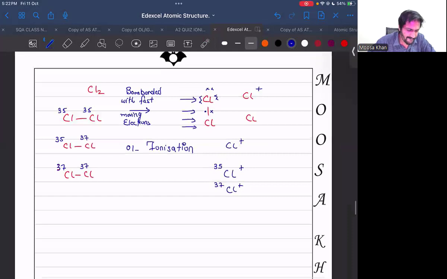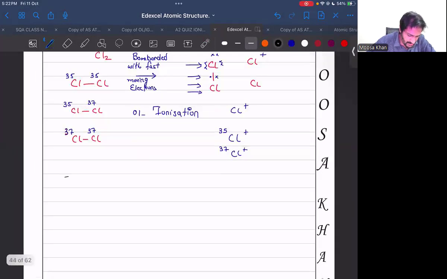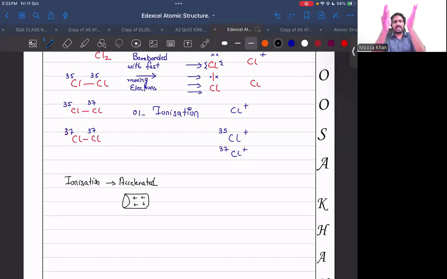Now what happens after ionization? These ions are accelerated so that they start moving at a very high speed. How can you accelerate these ions? If you recall the CRO from your O-level physics, we used to have a cylindrical anode and a cylindrical cathode, because the cylindrical anode repels these positively charged ions from all directions.